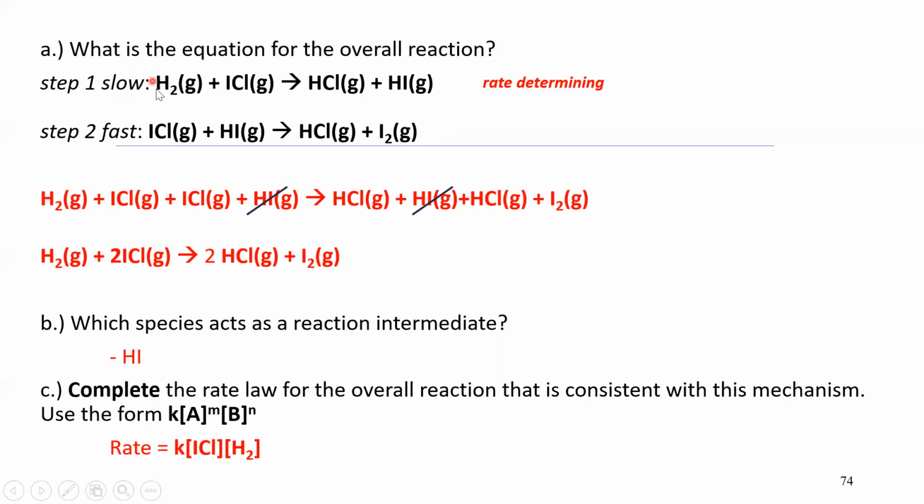But we've got a 1 here, which means the reaction is first order with respect to hydrogen. And we have a 1 here, which means it's first order with respect to ICl. It's a second order overall reaction. But this rate law doesn't match up with the overall reaction because the reaction takes place in multiple steps.